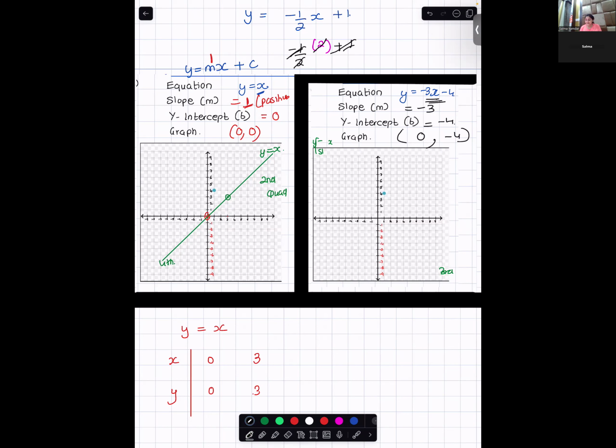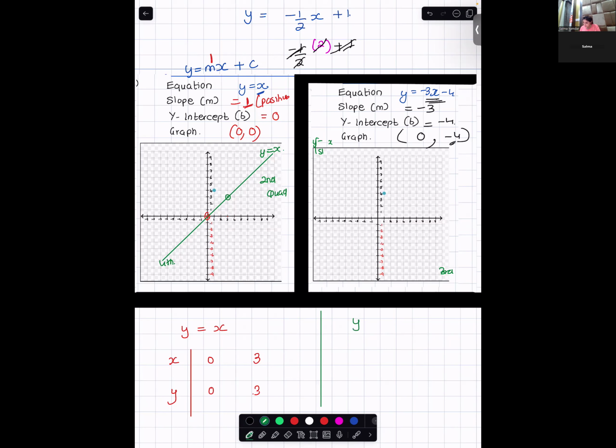And the coordinates would be what? The y-intercept is minus 4, so the coordinates would be 0, minus 4. I have to find another coordinate also.